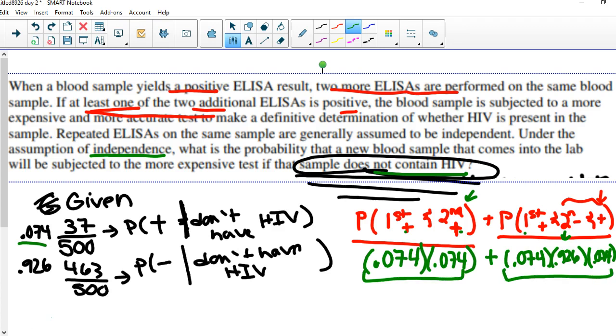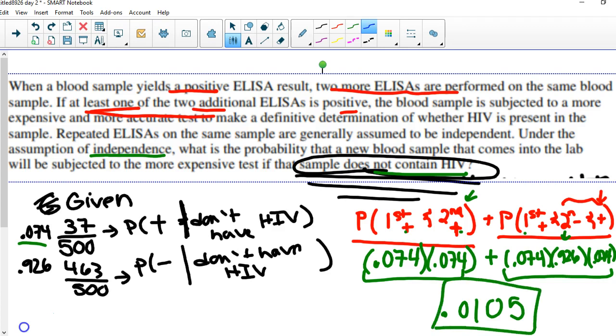I'm doing that in my calculator now. Give me 1 second. And that's going to give me 0.0105. And that's my final answer.